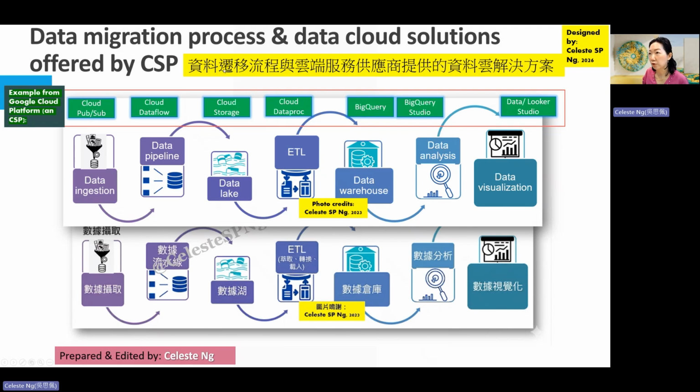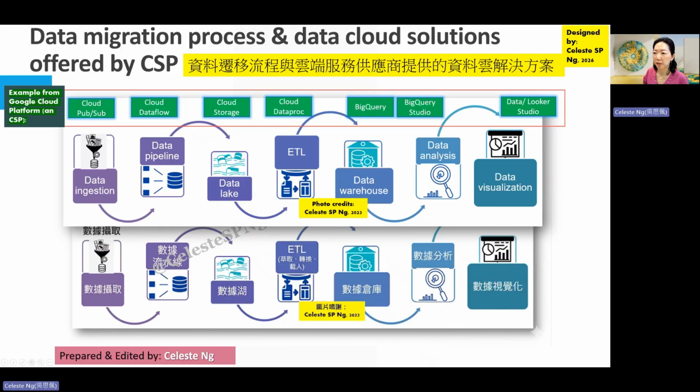Therefore in our data migration to the cloud, we start from the first step, which is called data ingestion. Data ingestion is a process of collecting and pushing data to the cloud. And then after they are pushed to the cloud, we will have a data pipeline.